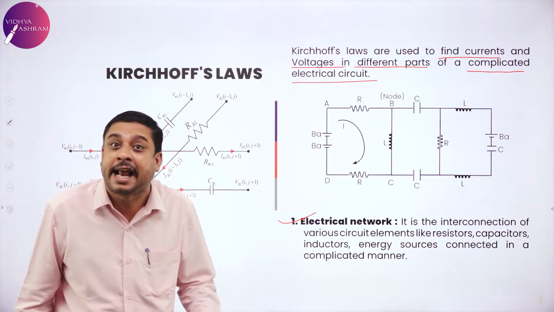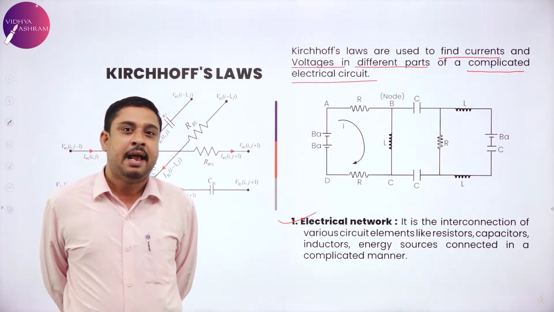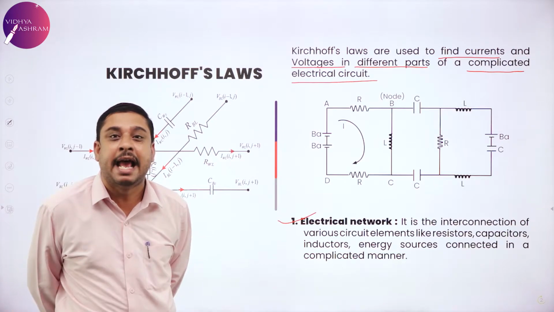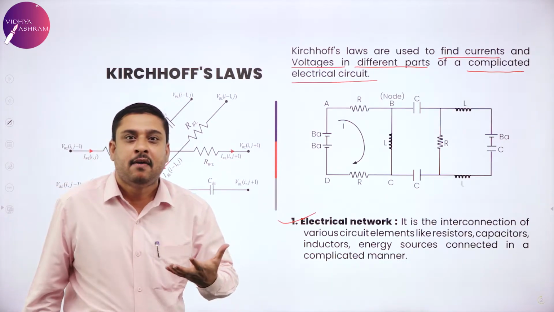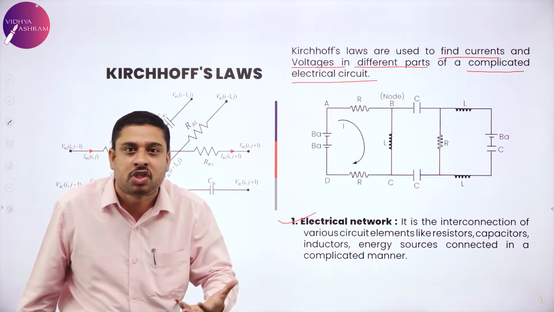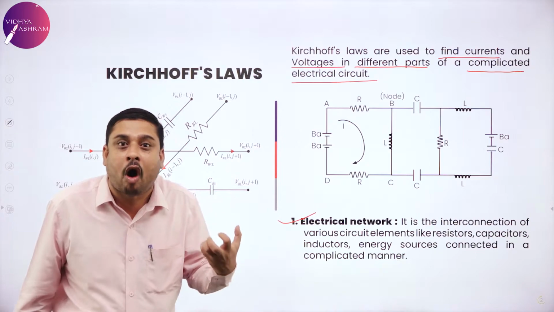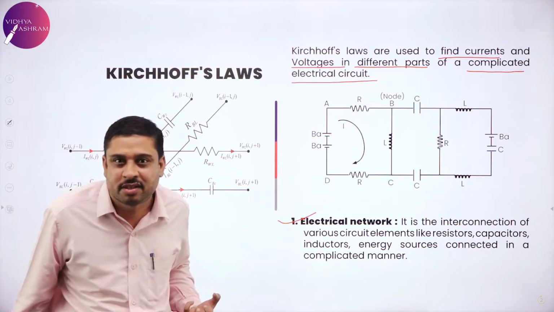They are arranged in a complicated manner. And that is what we call an electrical network. Therefore, understand, when I talk about electrical network, it is a complicated electrical circuit.